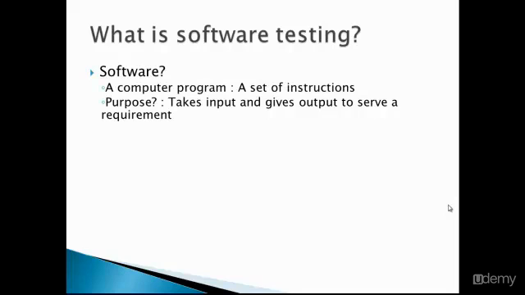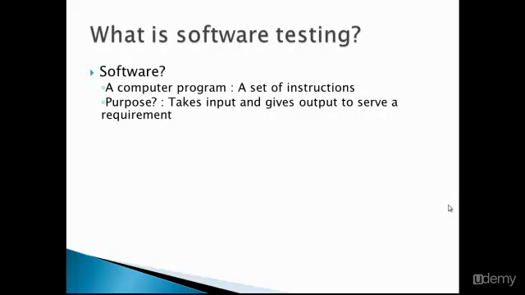So, if you look at web browsers, let us take the example of Firefox. Firefox again is a computer program, but what is the purpose of Firefox? The purpose of Firefox is for a user to enter the URLs and see the web page come up. That's the basic purpose of a web browser.